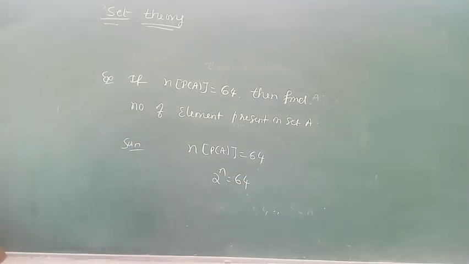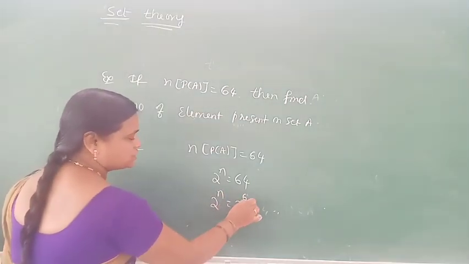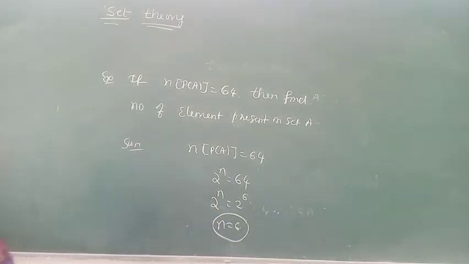Correct. And we know that 2 to the power 6 is 64, means n is what? 6. Number of elements present in set A is 6.